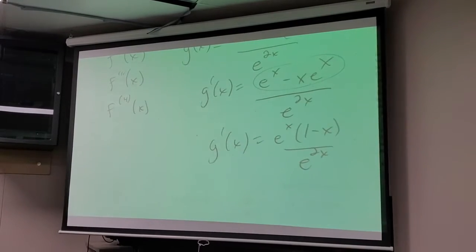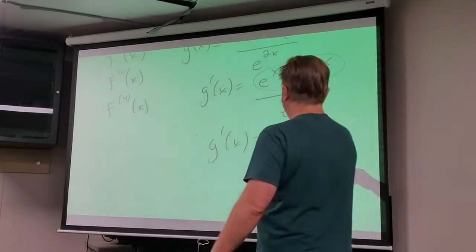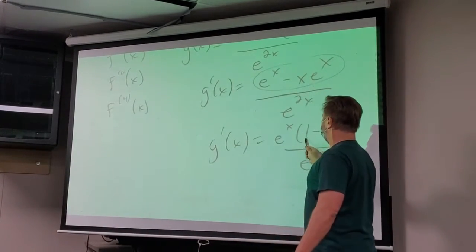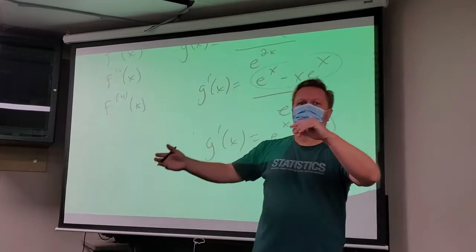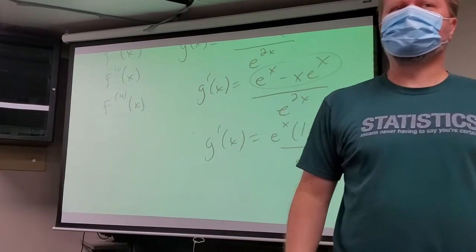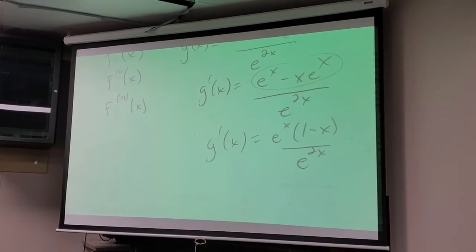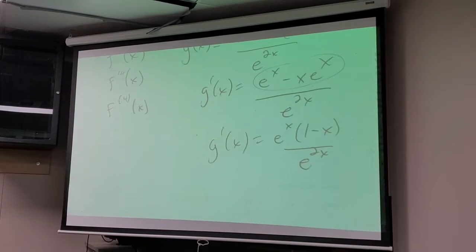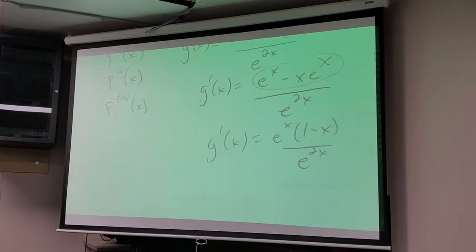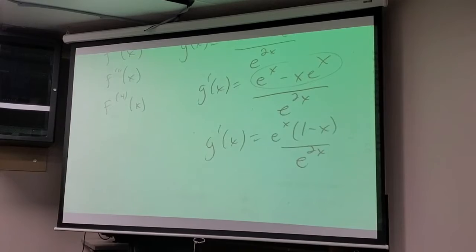Intriguing. Maybe if I do a second derivative, what do you think will show up here? First derivative, there's a 1 there. Second derivative, maybe there's going to be a 2 there. You guys do the second derivative.